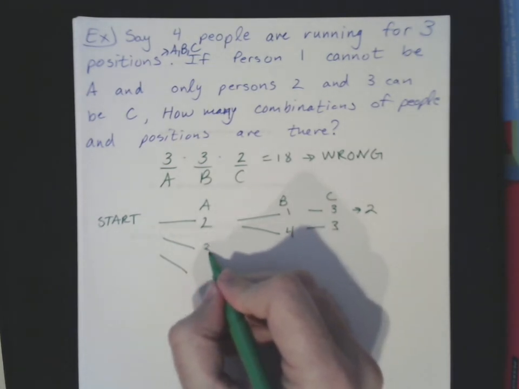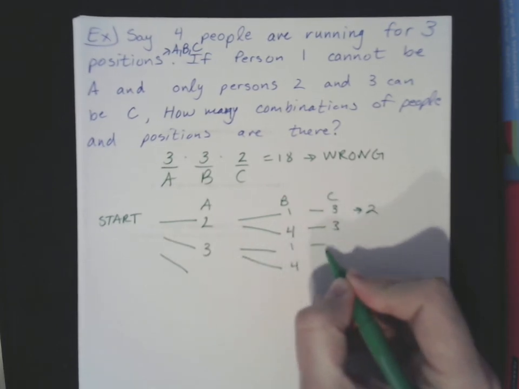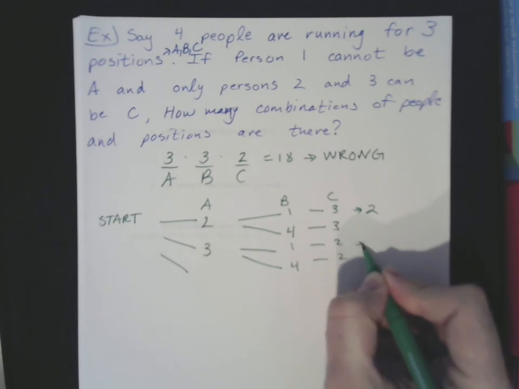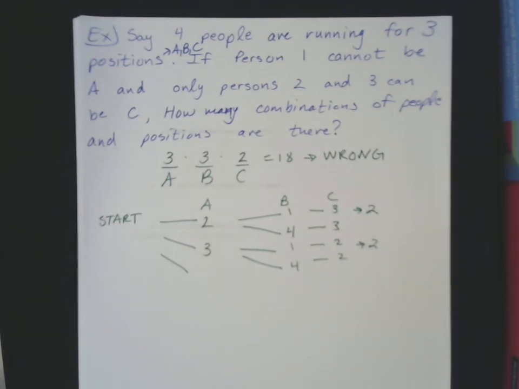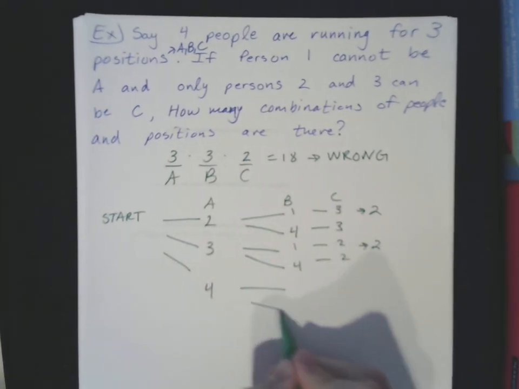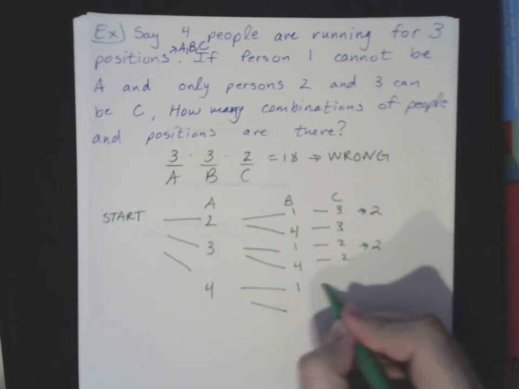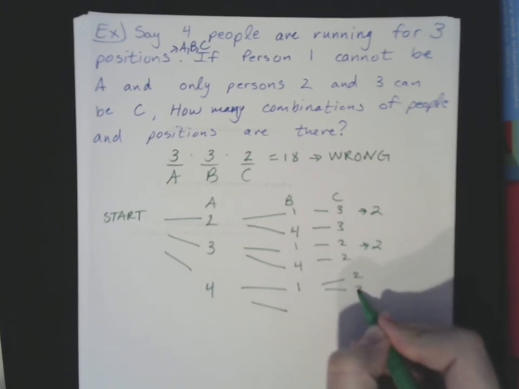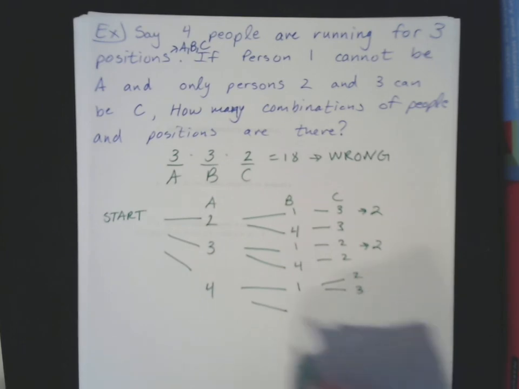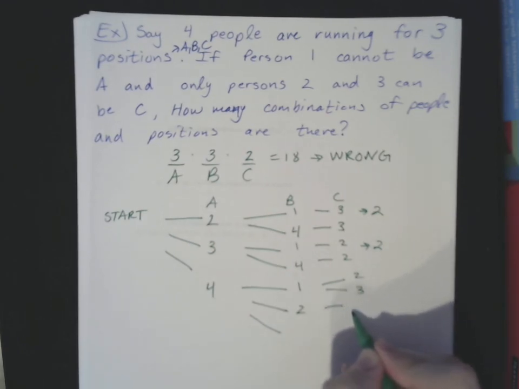Same thing if we choose 3 here. This gives us 1 or 4 because here, this has to be 2, which is only 2 choices. And then if we choose 4, we can have 1 here, and then we could be 2 or 3. We could have 2 here, and then this has to be 3.